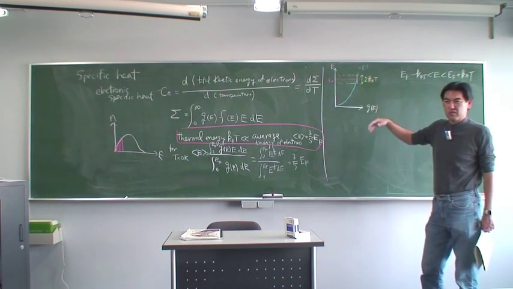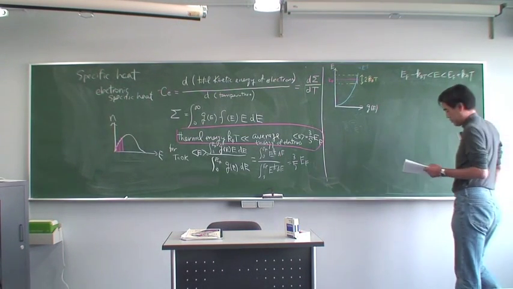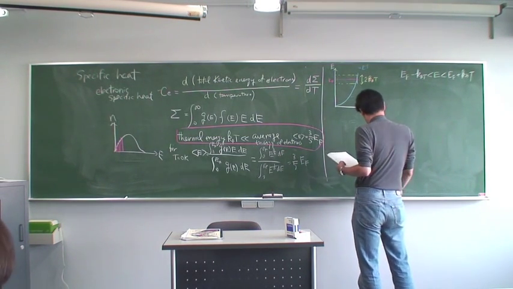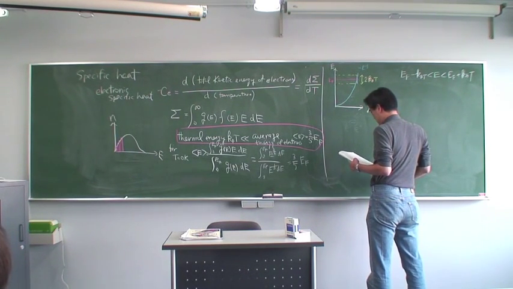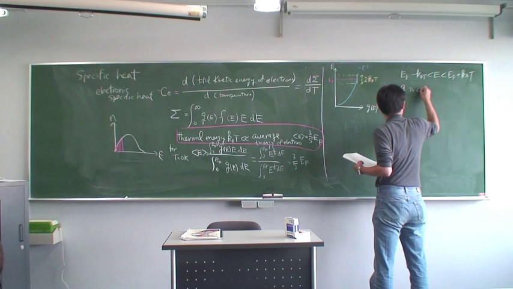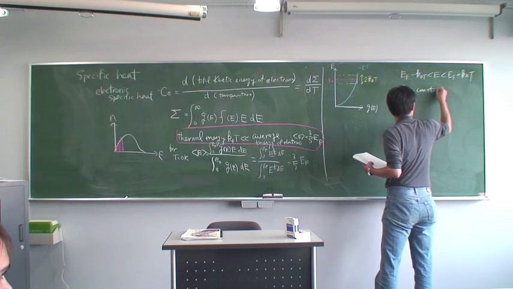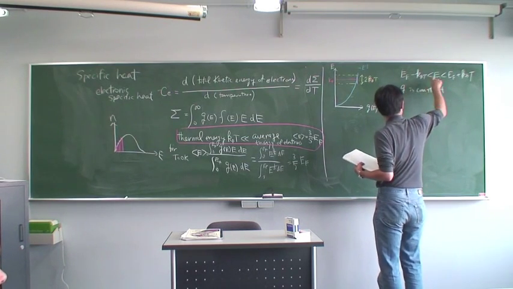After all, it averages out and it's about the same. So we use the same G, G is constant, for this region only.